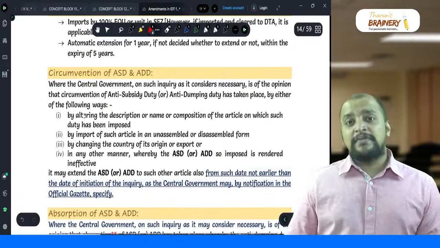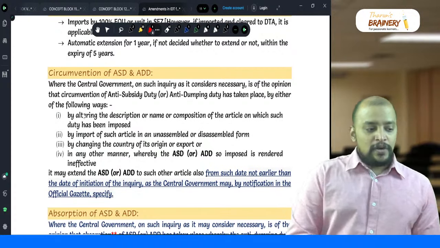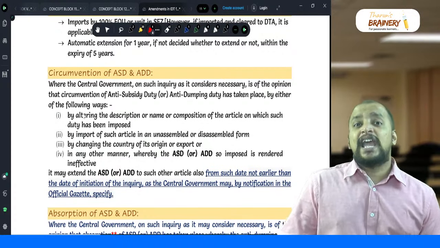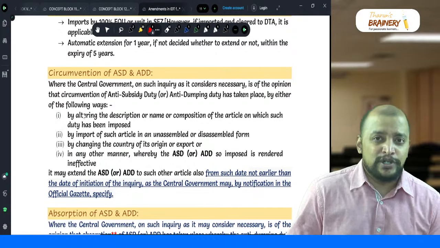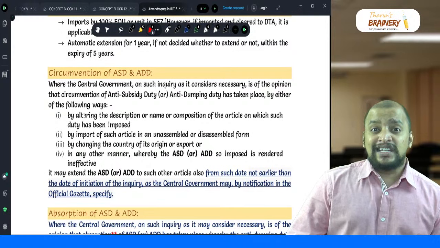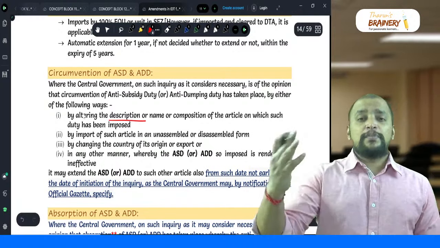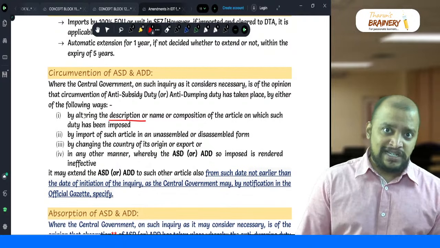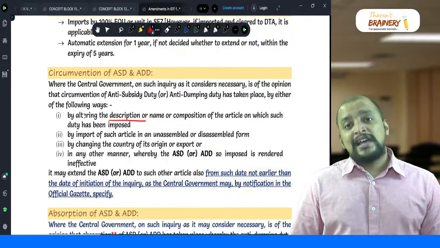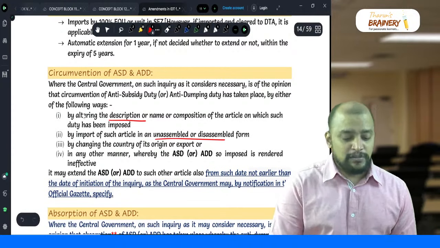Then circumvention of anti-subsidy duty and anti-dumping duty. What is this circumvention? Circumvention means you are escaping from the payment of anti-dumping duty and anti-subsidy duty. So what you are doing is that you are changing the description of the goods. One product attracts anti-dumping duty, you are changing the description of that. Or you are importing a product that attracts anti-subsidy duty in unassembled or disassembled form.